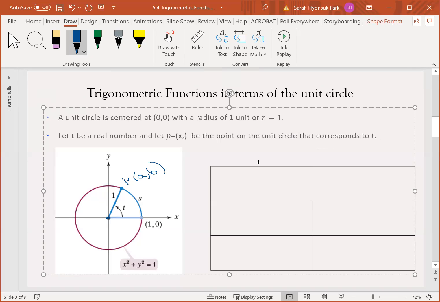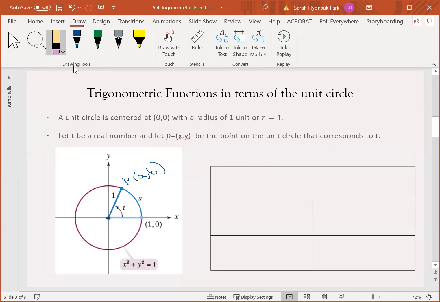Let's make that XY instead of AB, so that we know which coordinate we're referring to. And let me make a triangle straight down.